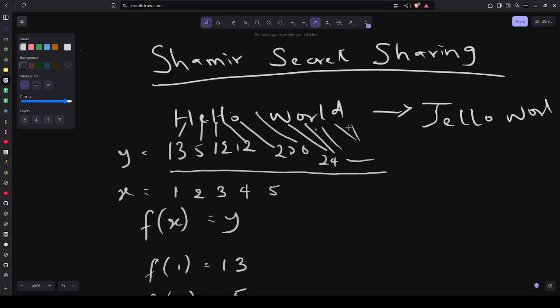We have a secret, we break it down into different components, right? And we share those components between different people.